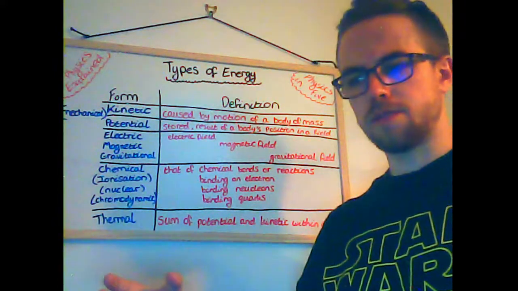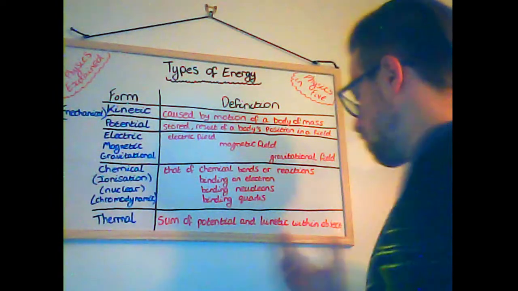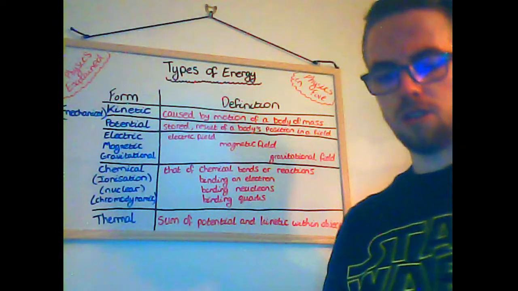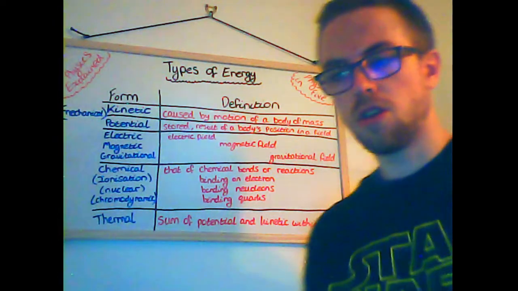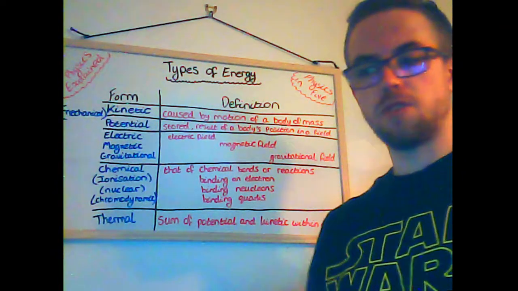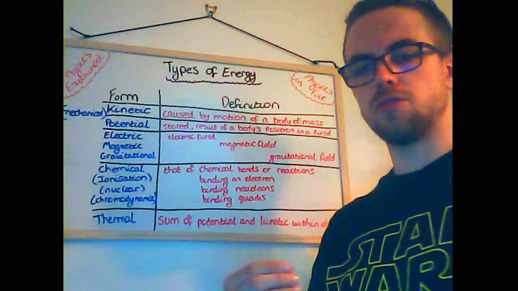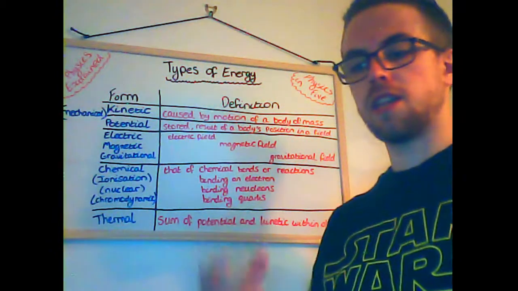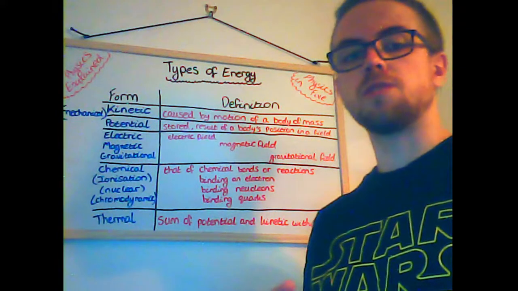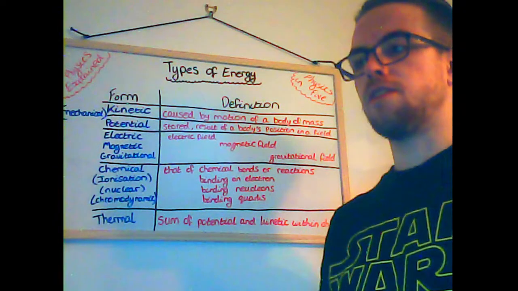So it's the sum of the potential and kinetic energies within the object or the air or a gas or a liquid or a table or whatever that give it some thermal energy and increase its temperature. So temperature is directly proportional to the potential and kinetic energies within whatever it is you're measuring the temperature of.